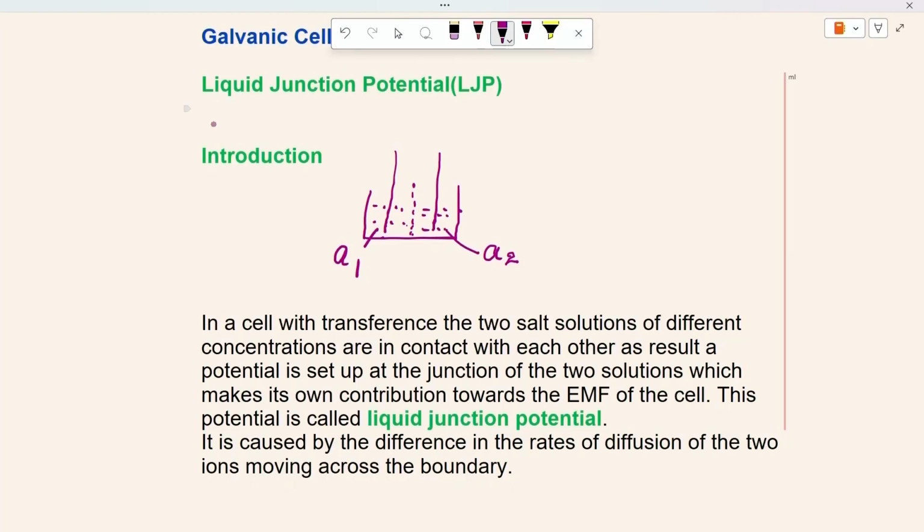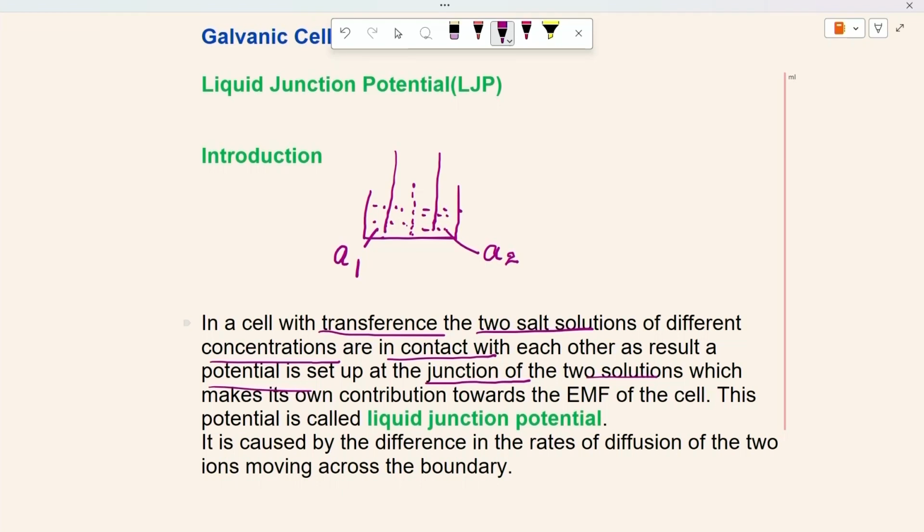Okay. So, in a cell with transference, where two salt solutions are of different concentrations in direct contact with each other, a potential will be set up at the junction of the two solutions.